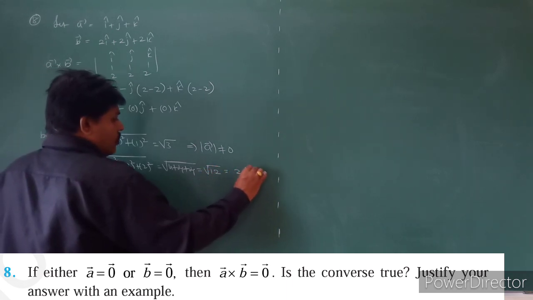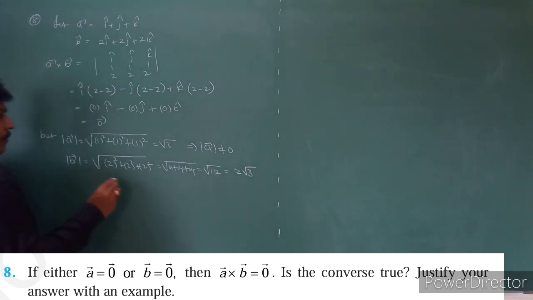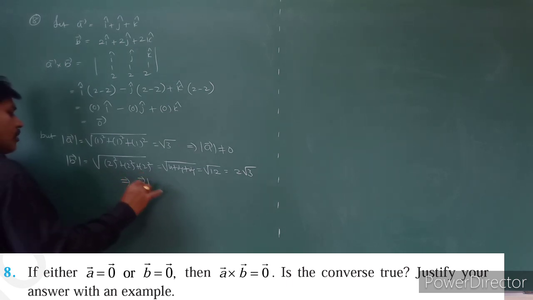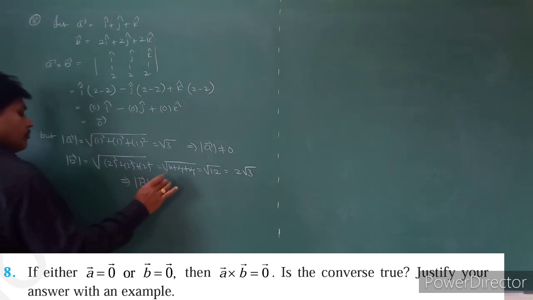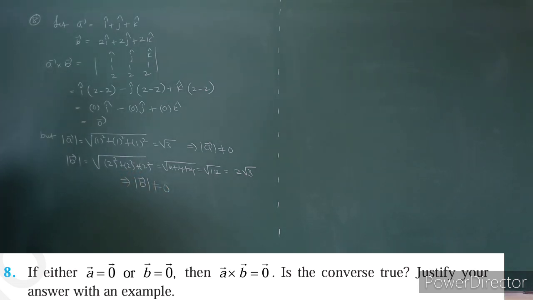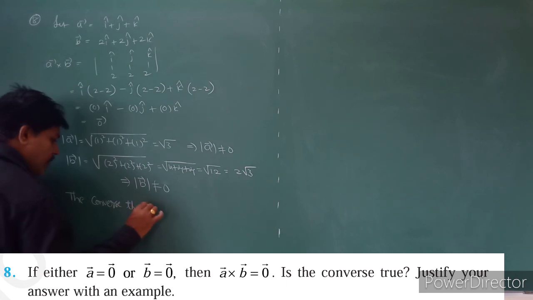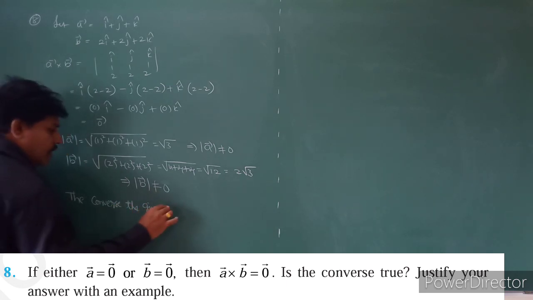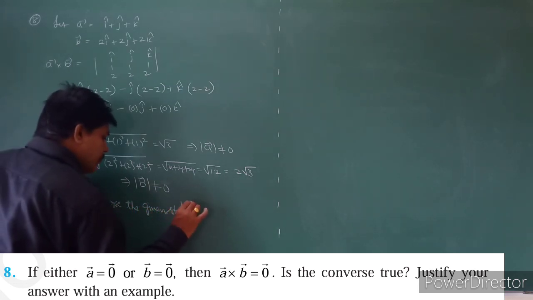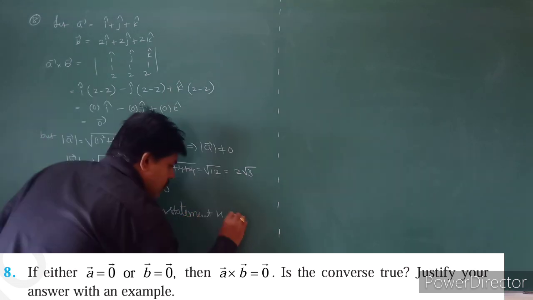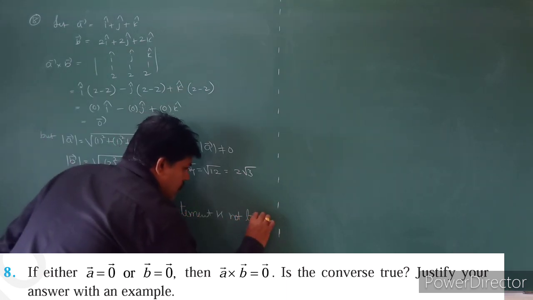So that is equal to 2 root 3. So mod B bar is not equal to 0. So A cross B is 0, but A is not equal to 0 and B is not equal to 0. Therefore, we can conclude that the converse of the given statement is not true. Okay.